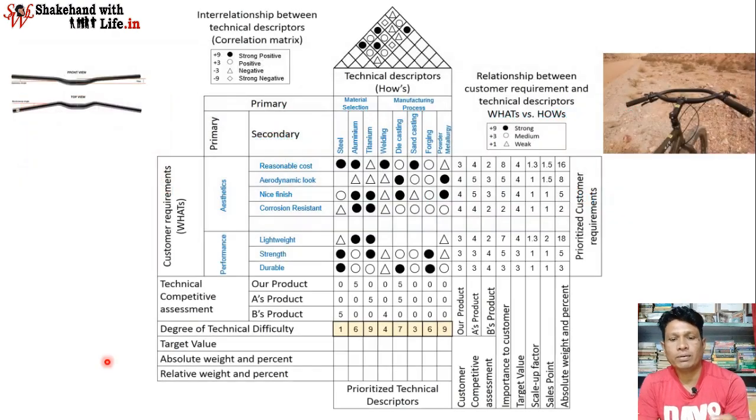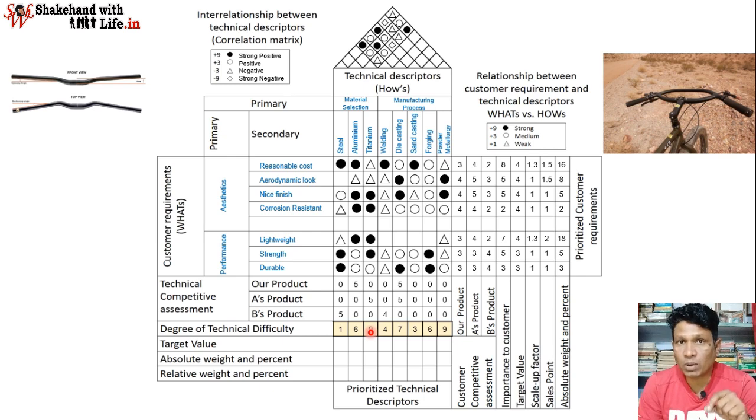So here we have the scores for degree of technical difficulty. For steel it is 1, for aluminium it is 6, for titanium it is 9. So we can understand that out of these 3 metals, titanium is the most difficult metal. If we use titanium to manufacture a handlebar stem, then we face huge difficulty.